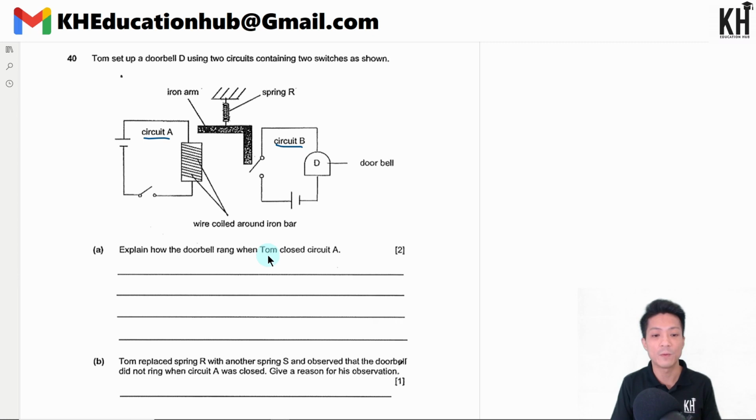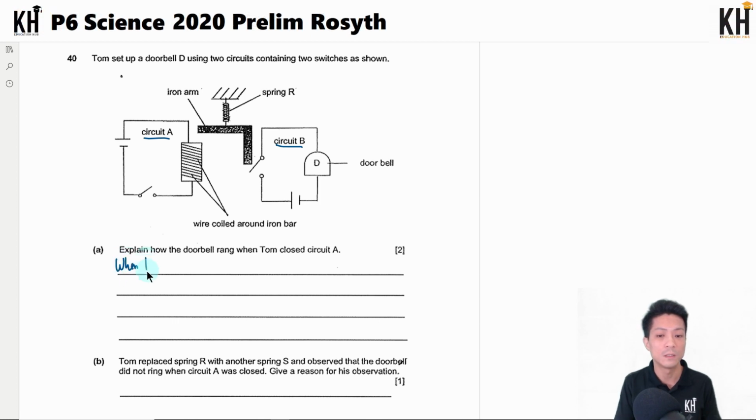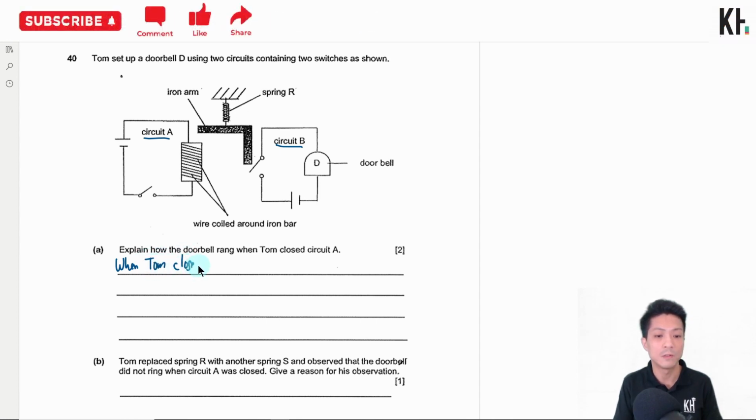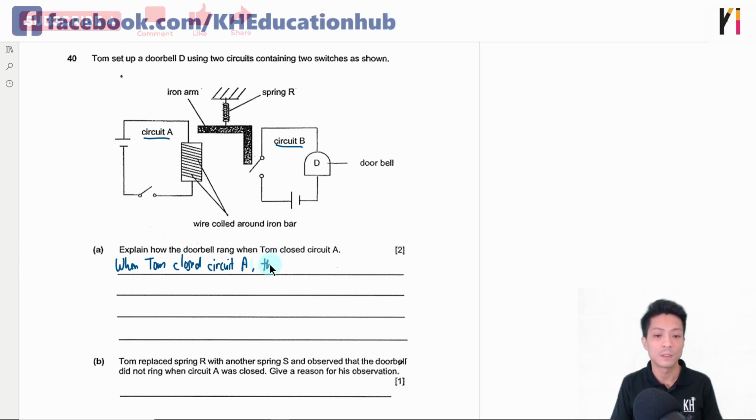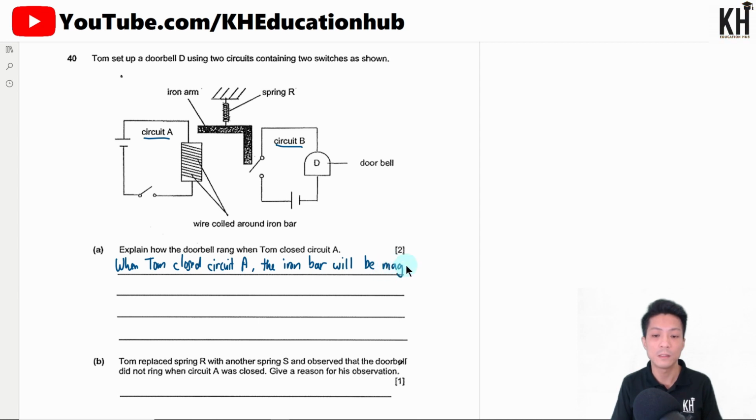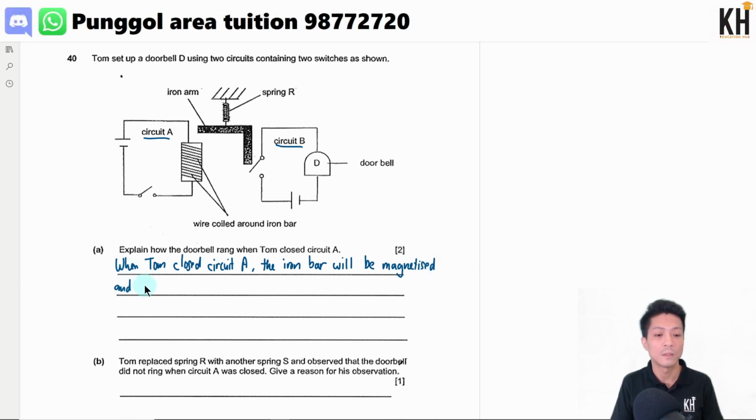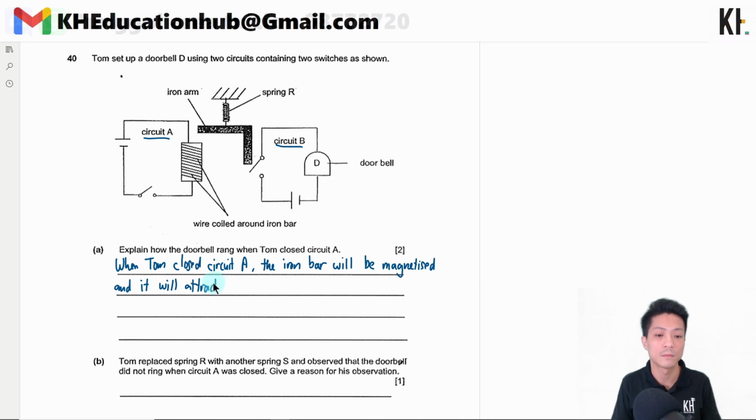Okay, explain how the doorbell rang when Tom closed circuit A. When circuit A is closed, the iron bar will be magnetized, and it will attract the iron arm.